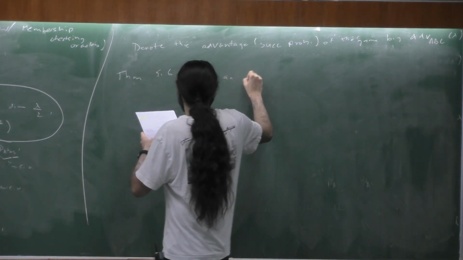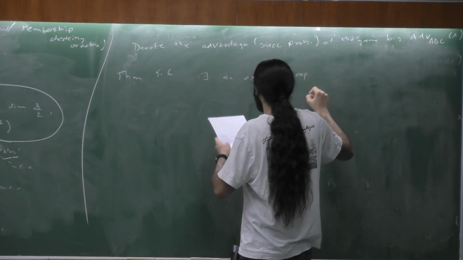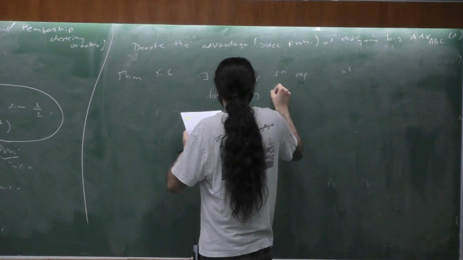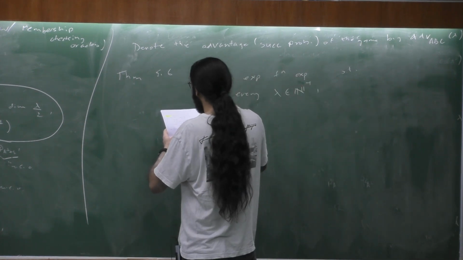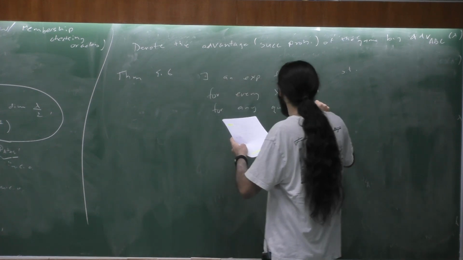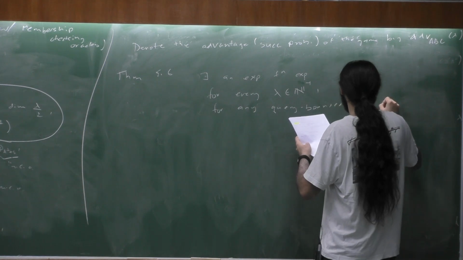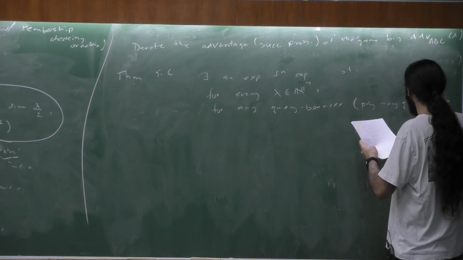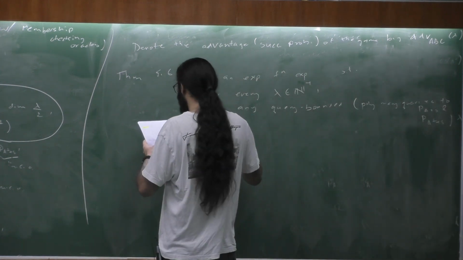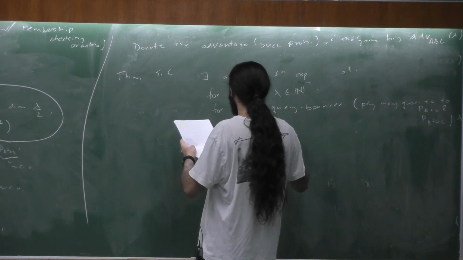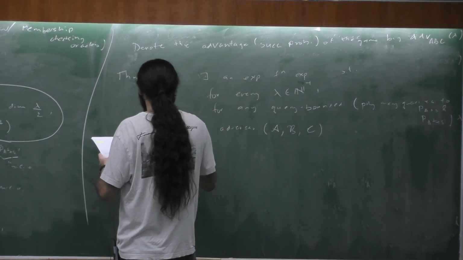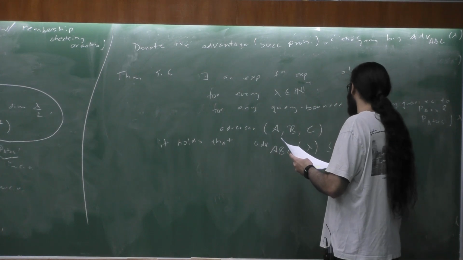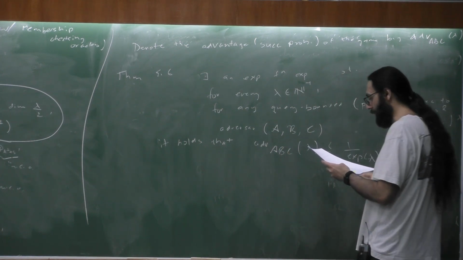There exists an exponential function exp such that for every λ in ℕ⁺, and for any query-bounded adversary, that is, you do poly many queries to P_{A+S} and P_{A^⊥+S'}, such an adversary, which we write as a triple, it holds that the advantage of A, B, C is going to be at most 1 over exponential. So that's the statement.